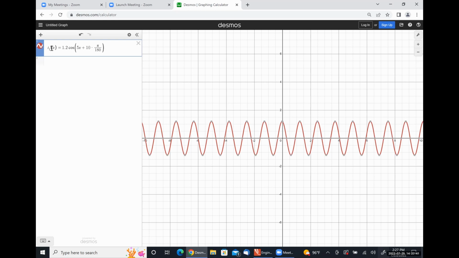I guess I'm going to call this I1 just because it's not letting me use IR. So this red curve right here represents our current flowing through our resistor.